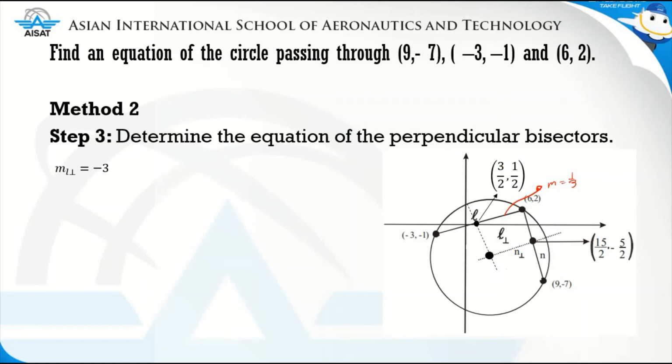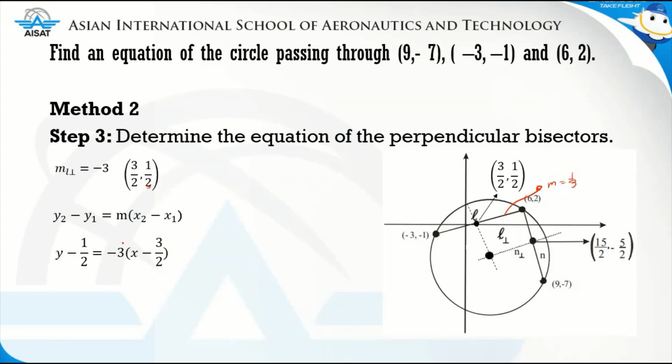Now using the point slope form for finding the equation of a line, we'll have y sub 2 minus y sub 1 is equal to m times x sub 2 minus x sub 1. We'll have y minus 1/2 is equal to negative 3 times the quantity x minus 3/2.